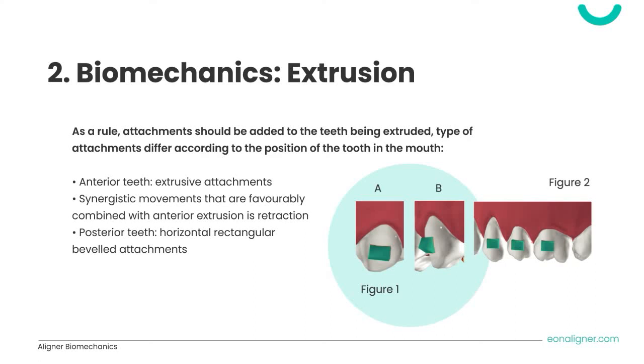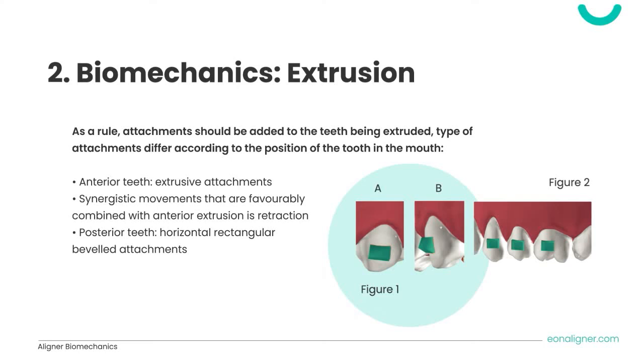Extrusive attachments, shown in Figure 1a, are placed on all anterior teeth during extrusion. Synergistic movements that are favorably combined with anterior extrusion is retraction. This is because the active surface of the extrusive attachment comes at an angle to the long axis of the tooth, as shown here in Figure 1b.